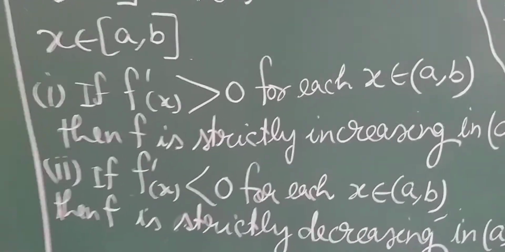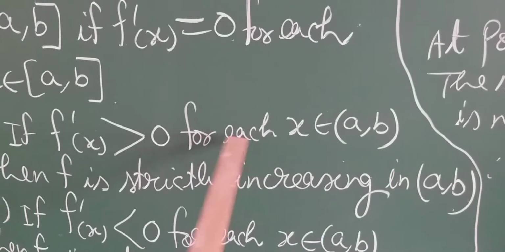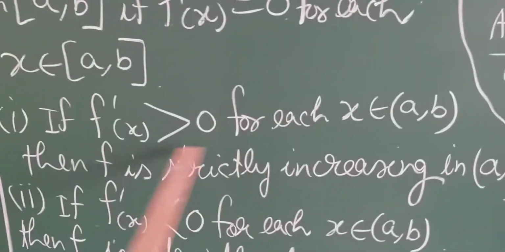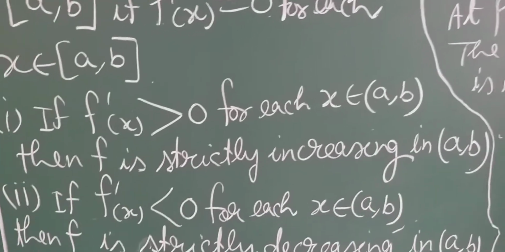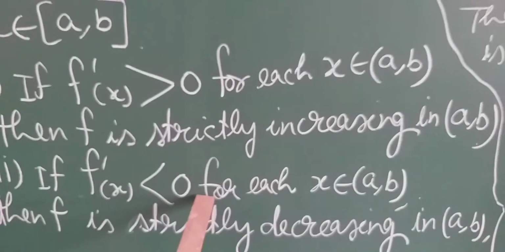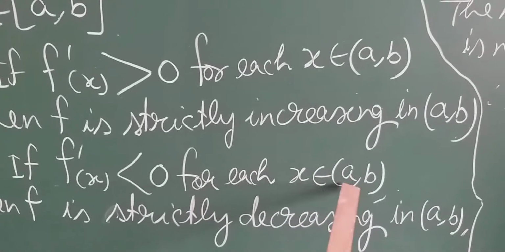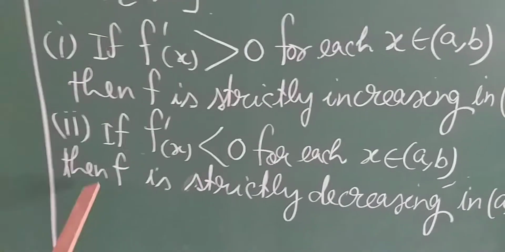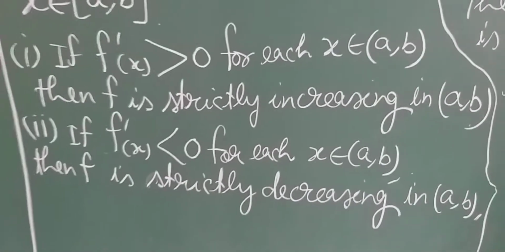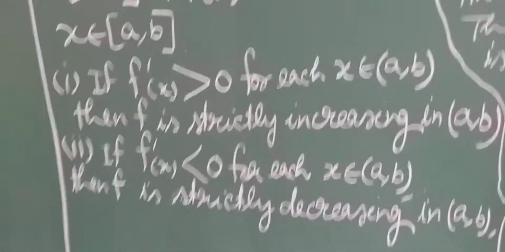Okay students. Now students, if f dash x is greater than 0 for each x belonging to the open interval AB, then f is strictly increasing. Similarly, if f dash x is less than 0 for each value of x where x belongs to the open interval AB, then f is called a strictly decreasing function. Okay students, so this is the first derivative test.